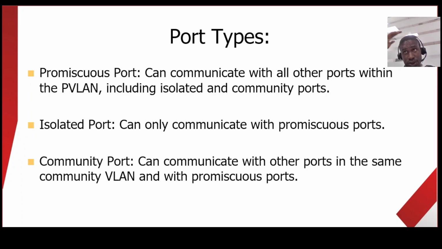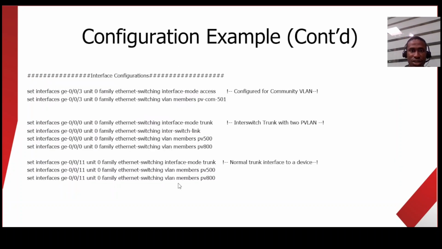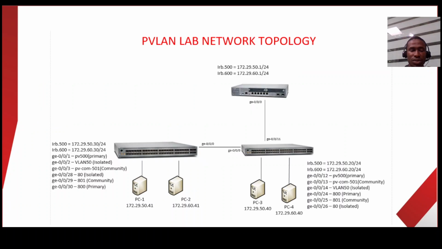Let's say you have two or three VMs. I'll go with this picture. You have one configured with your community VLAN, let's say PC3, and then you have PC1 configured maybe in the isolated VLAN.